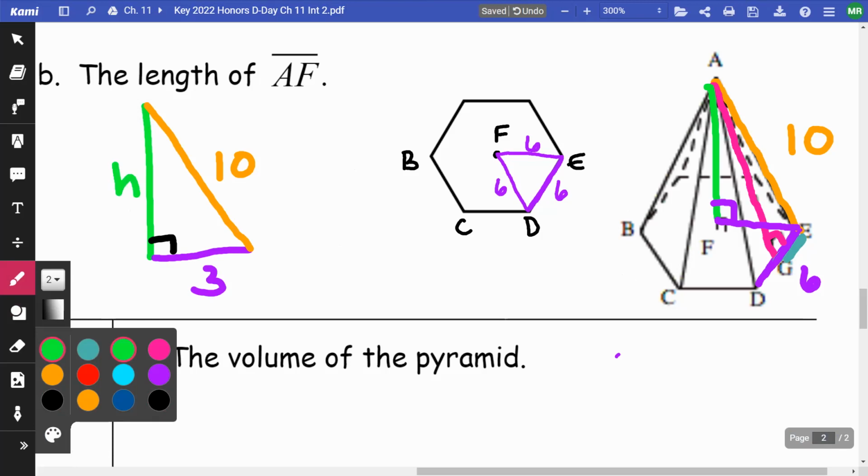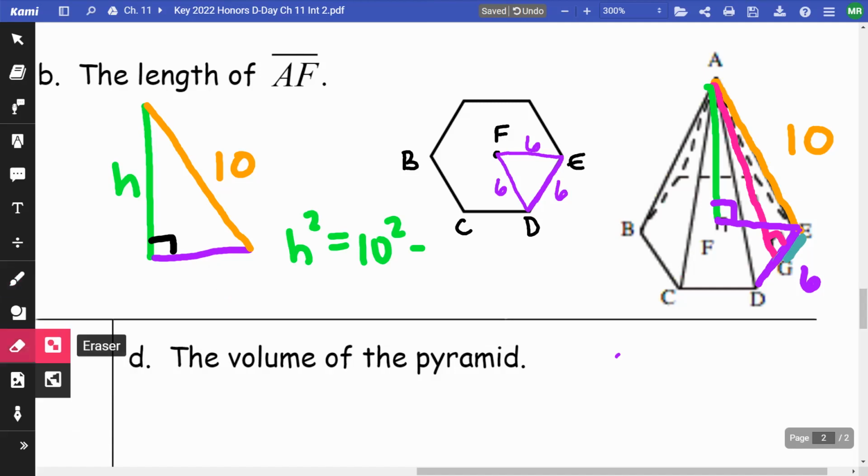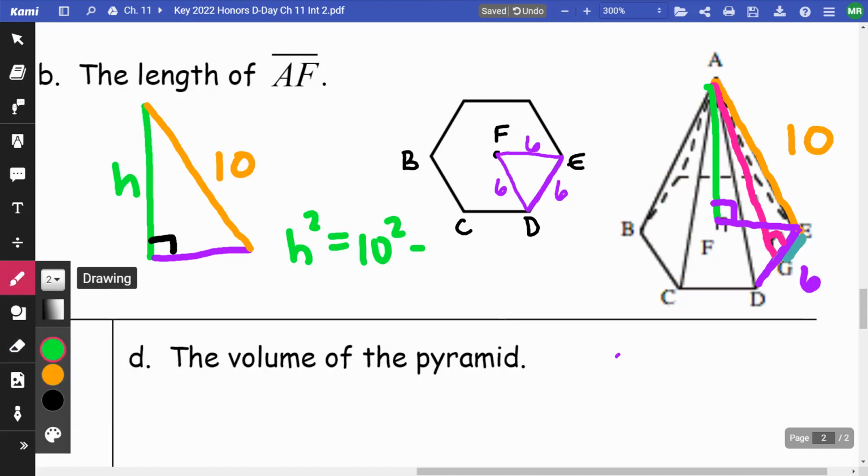So again, 8 squared plus 3 squared equals 10 squared. What I'm going to do instead is I know that h squared is going to equal basically 10 squared minus, sorry, that's not 3. That's the purple, the whole way across, right?